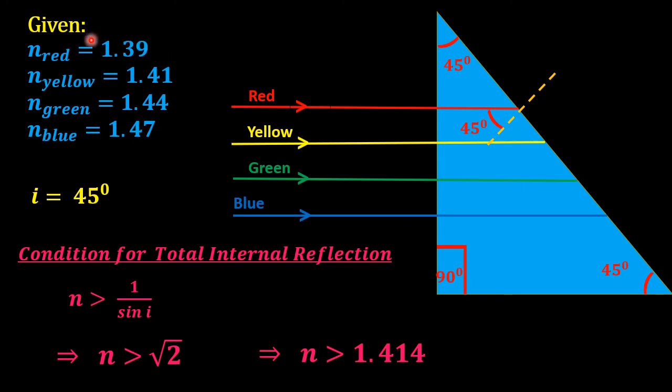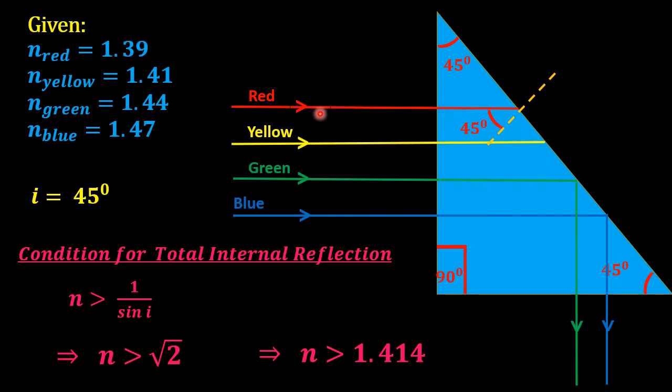Now we compare the refractive index for the different colors with this value. Only the refractive index for green and blue is greater than 1.414. The refractive index for red and yellow is less than 1.414. So the green and the blue color will suffer total internal reflection and will travel in this way.